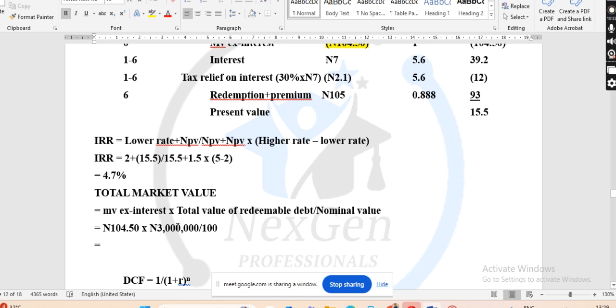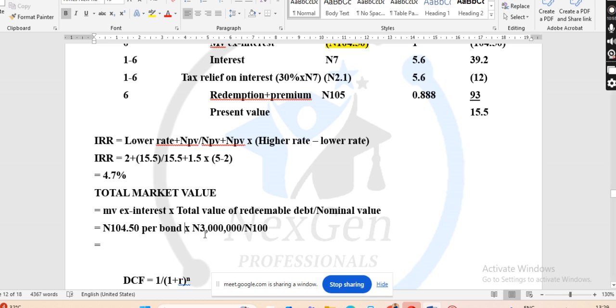Now, class, let me show you something. For those who were in my class last night, we said this 3 million divided by 100 will give you 3,000 bonds. Now, times this 104 is per bond, per one.